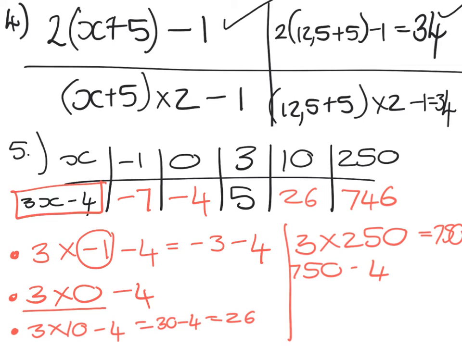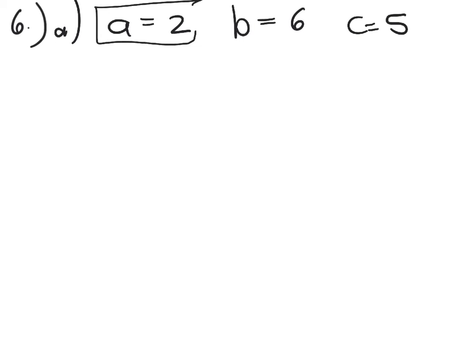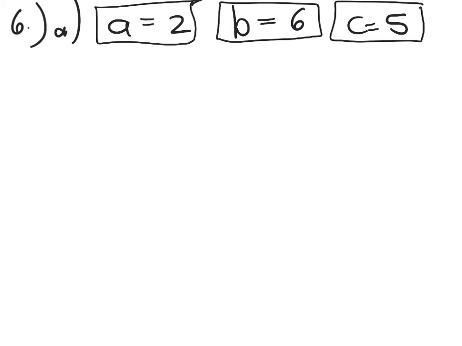If A equals 2 and B equals 6 and C equals 5. Now this, find the values of these expressions. So this is going to count for A, B, C, and D as the substitute teachers, right?